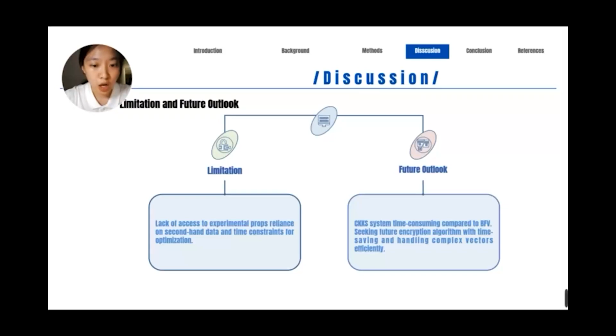Furthermore, we observed that the CKKS system's drawback lies in its time-consuming nature compared to the BFV system. In the future, we hope for the emergence of an encryption algorithm that combines the advantage of time saving in the traditional homomorphic encryption system while efficiently handling complex vectors, similar to the CKKS system.